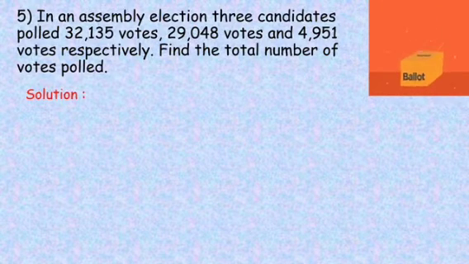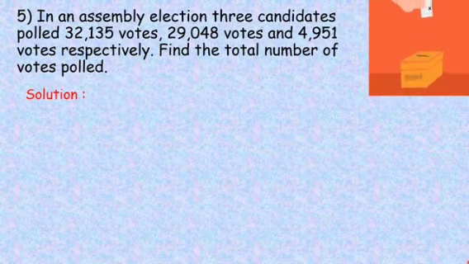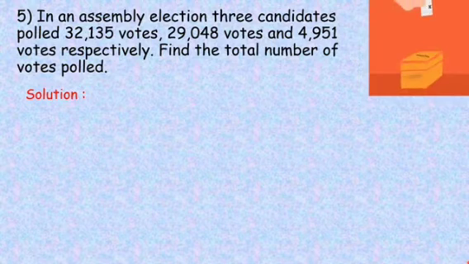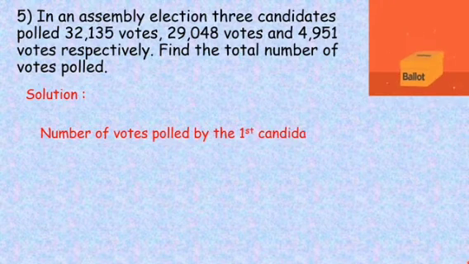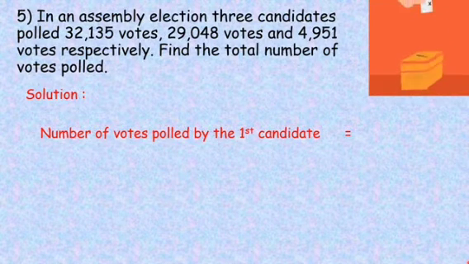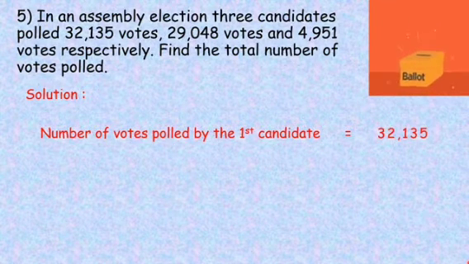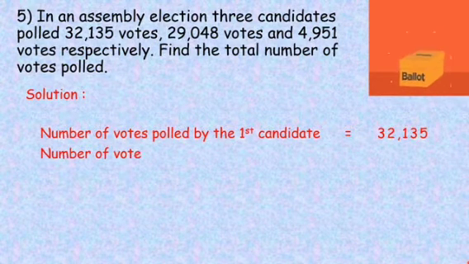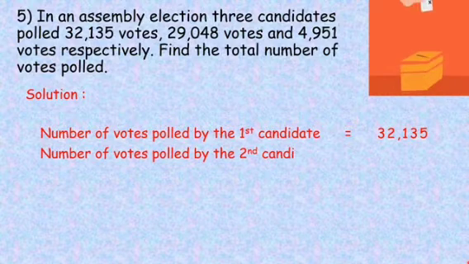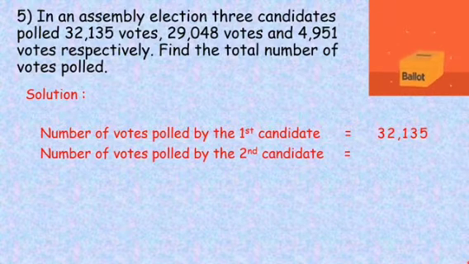Now for the solution, number of votes polled by the first candidate is equal to 32,135 votes. Then number of votes polled by the second candidate is equal to 29,048 votes.